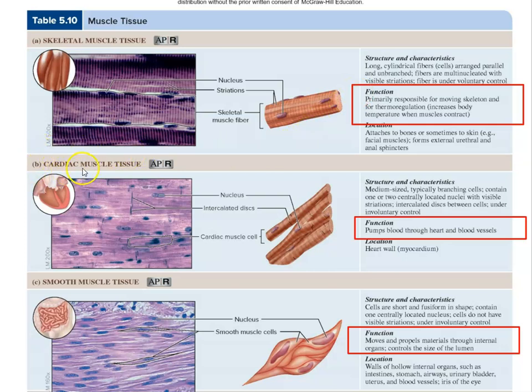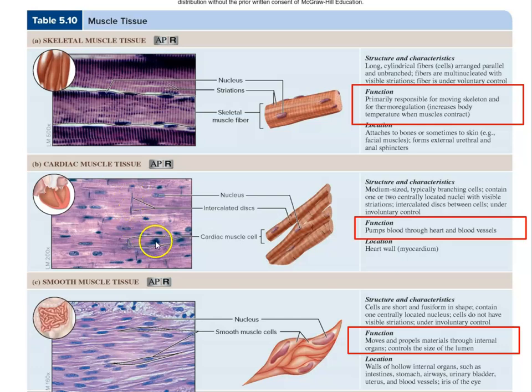Next, we have cardiac muscle tissue. So this is going to be the muscle tissue of the heart that pumps blood through the body. You can see these are shorter cells, okay? Much shorter than the skeletal muscle fibers, and I'm trying to find a good example here, but they can branch. And they have these things called intercalated discs.